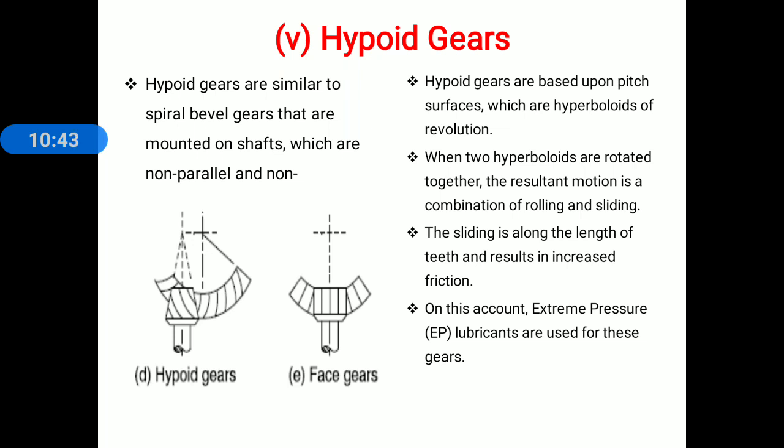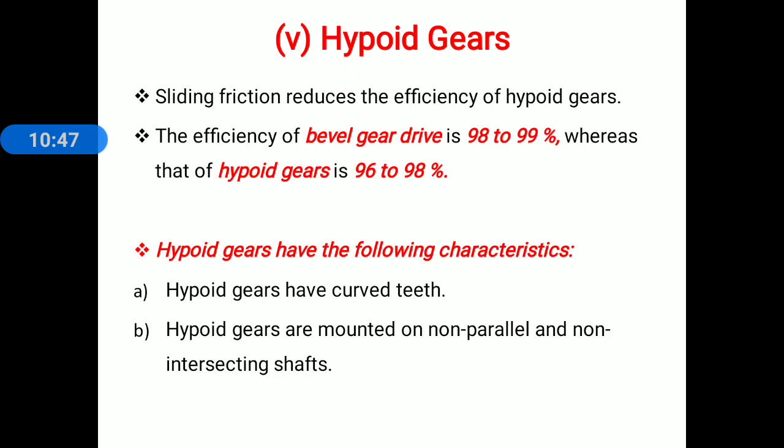The efficiency of bevel gear drive is 98 to 99%, whereas that for hypoid gears is 96 to 98%. Hypoid gears have certain characteristics. First characteristic, hypoid gears have curved teeth.